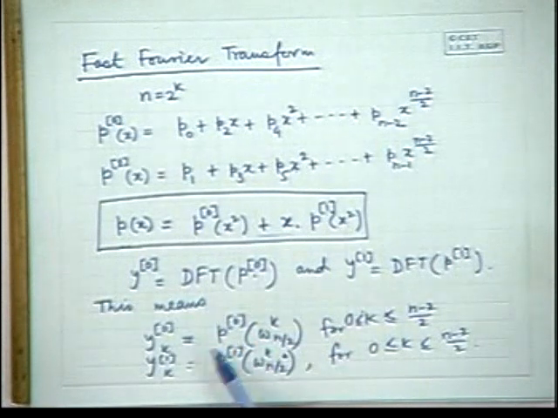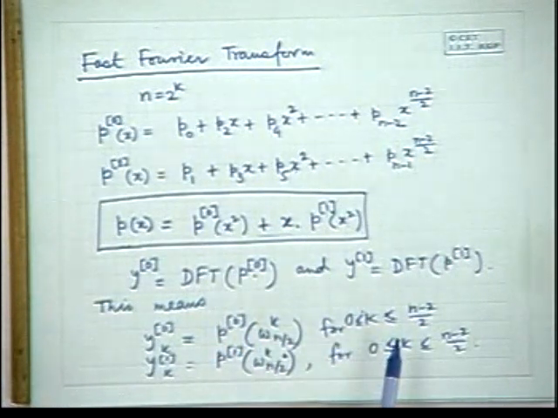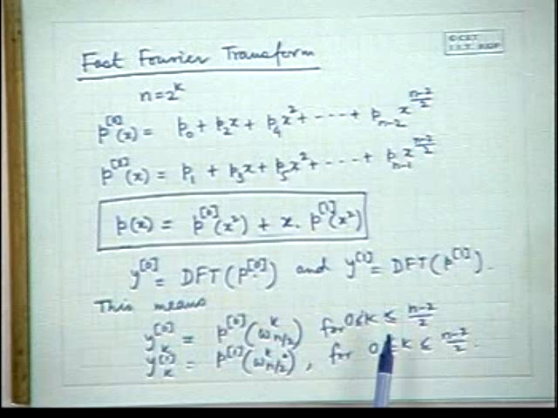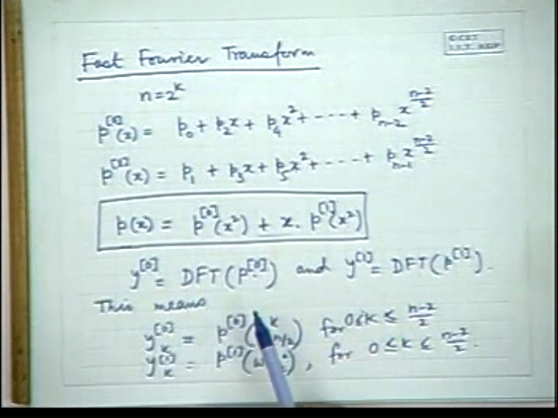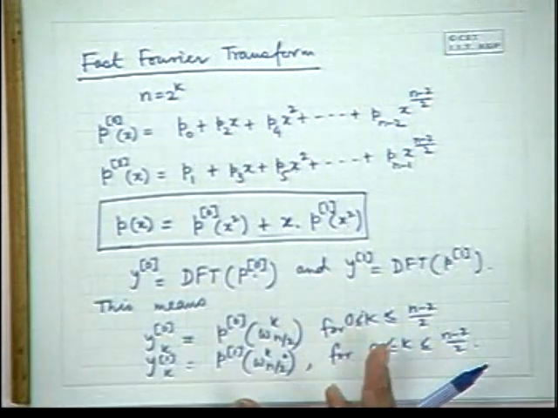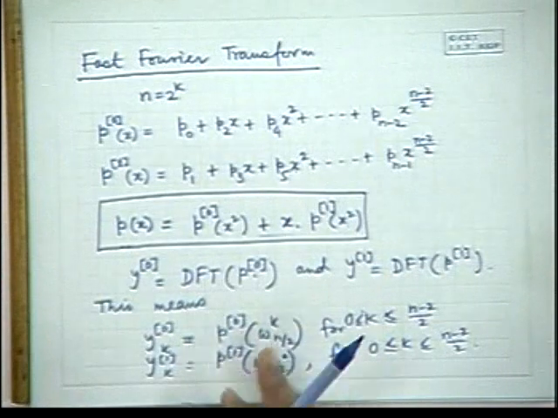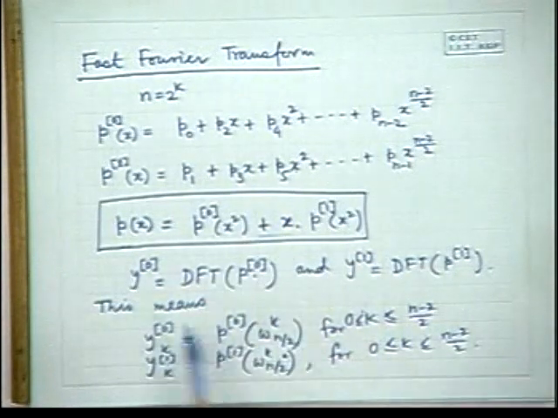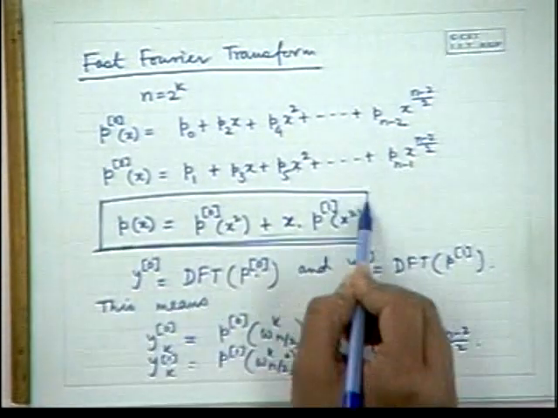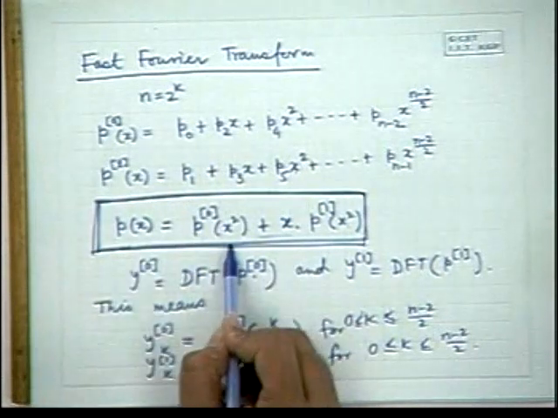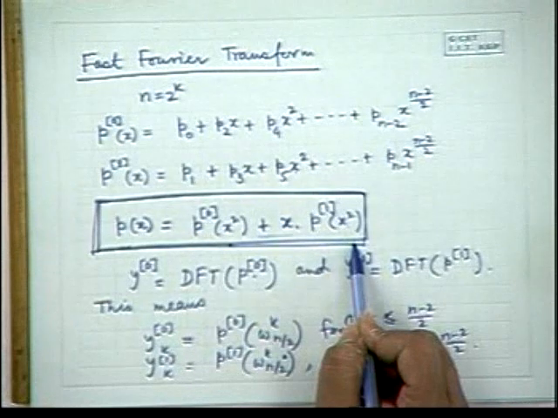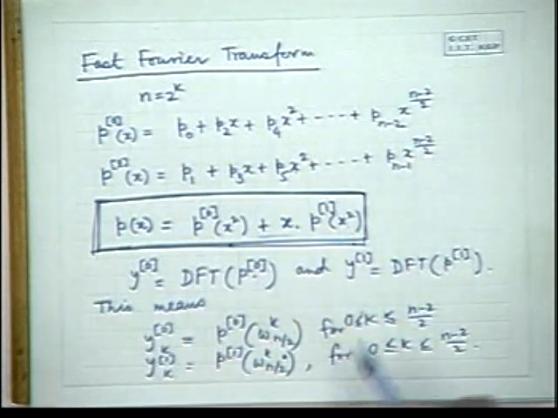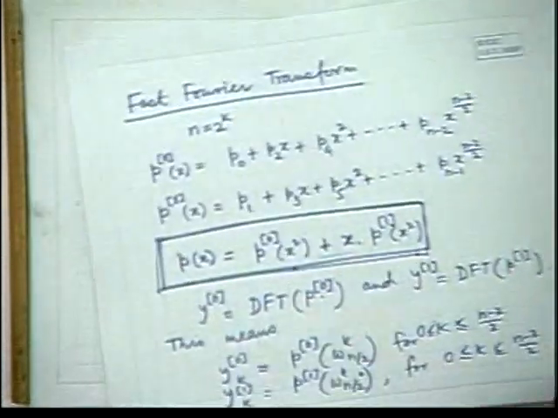If you remember, that will be our conquer step of the divide and conquer paradigm. We have only just told you how to do the divide step, but the conquer step needs to merge the solutions of the two parts into a single one. So that I am going to tell you now, and there we will be using how P(x) is constructed out of P0(x) and P1(x). That has to be taken care of, so we will put those here and we will get a new formula.